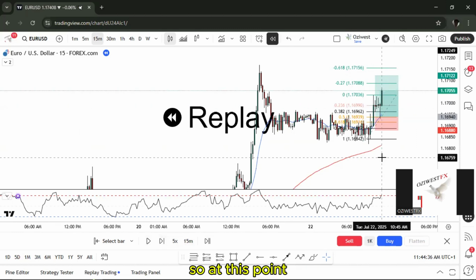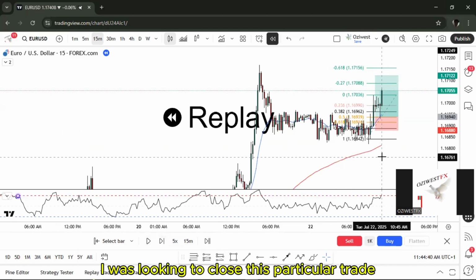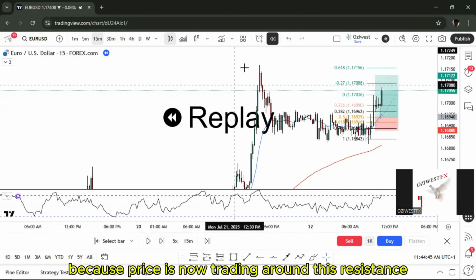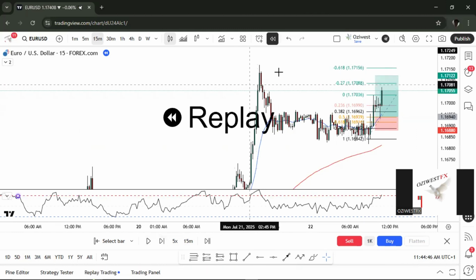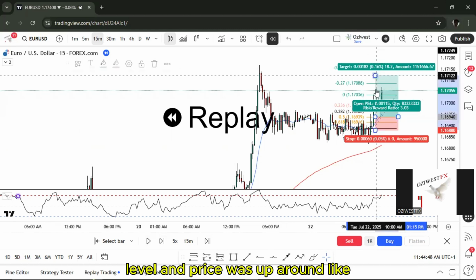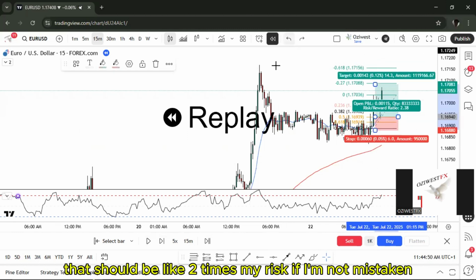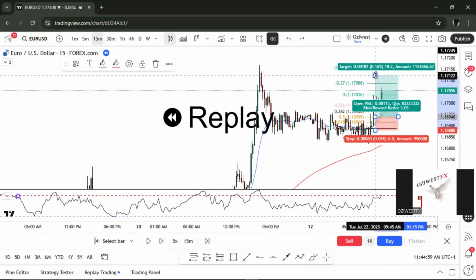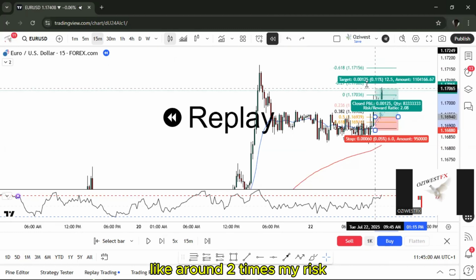So at this point, I was looking to close this particular trade because price is now trading around this resistance level, and price was up around, that should be like 2 times my risk if I'm not mistaken. See, like around 2 times my risk here.